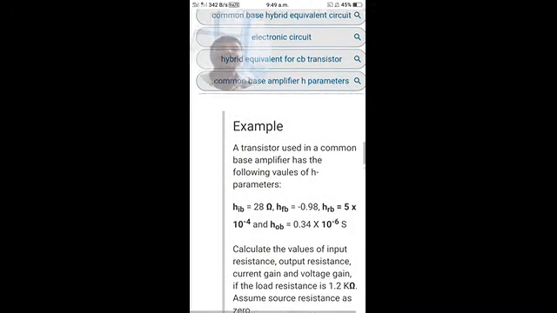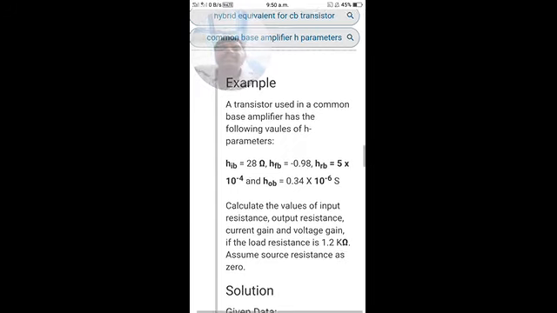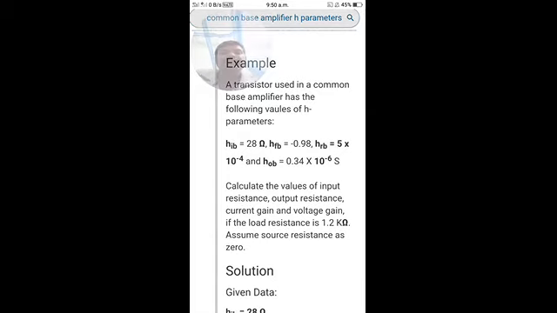Now consider one example: transistor amplifier analysis of the common base configuration using H parameters. A transistor used in a common base amplifier has the following values of H parameters: HIB is 28 ohms, HFB 0.98, HRB is 5 into 10 power minus 4, HOB 0.34 into 10 power minus 6 Siemens.